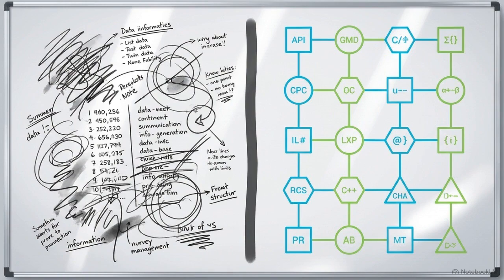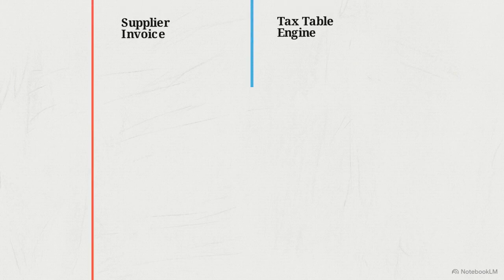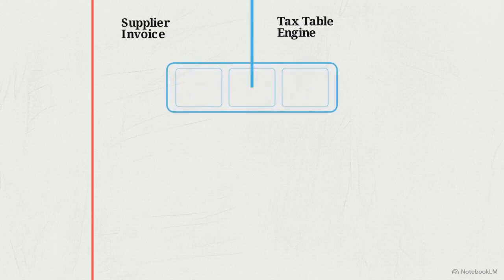To master this architecture, we have to deconstruct how the internal calculation intersects with the supplier's unvalidated data at this juncture. SAP Ariba Buying and Invoicing handles this intersection by running an independent counter-calculation. It processes two distinct streams, the incoming supplier invoice data and the enterprise's internal tax table engine, which serves as the mathematical ground truth. To generate that ground truth, the tax table stream requires three variables from the invoice. The first variable is the commodity code, such as code 40 for office supplies.